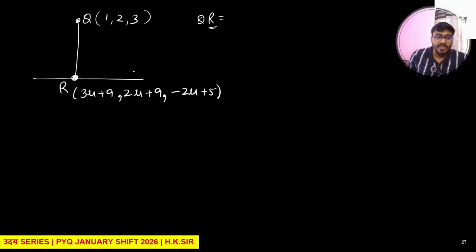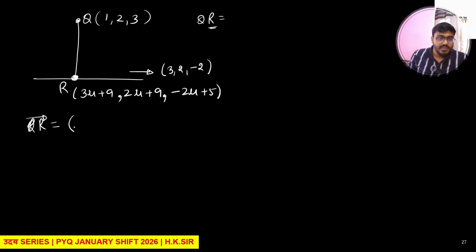This is the point. What is the direction vector of this line? Direction vector of this line is 3 comma 2 comma minus 2. Again we are doing the same thing. We will find QR vector. To find the value of mu, we will make the dot product 0 again.